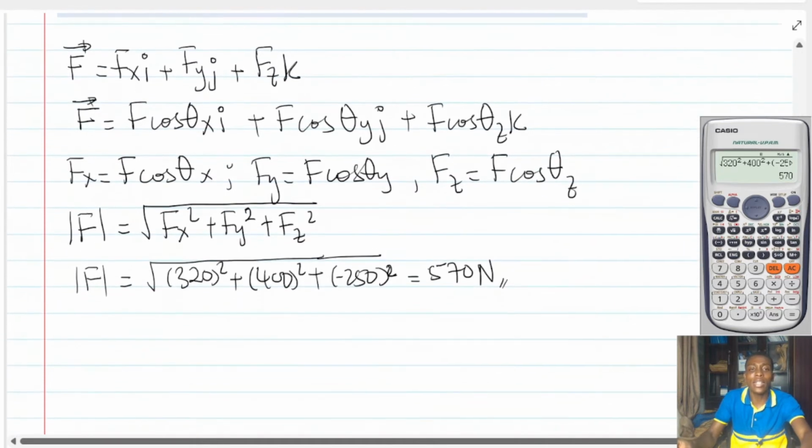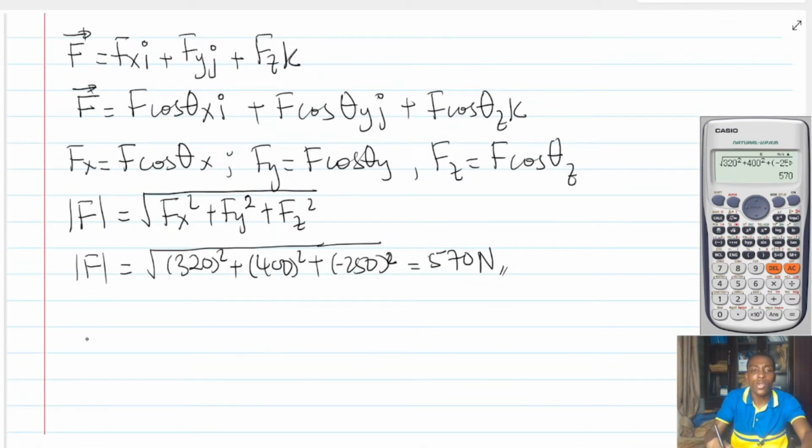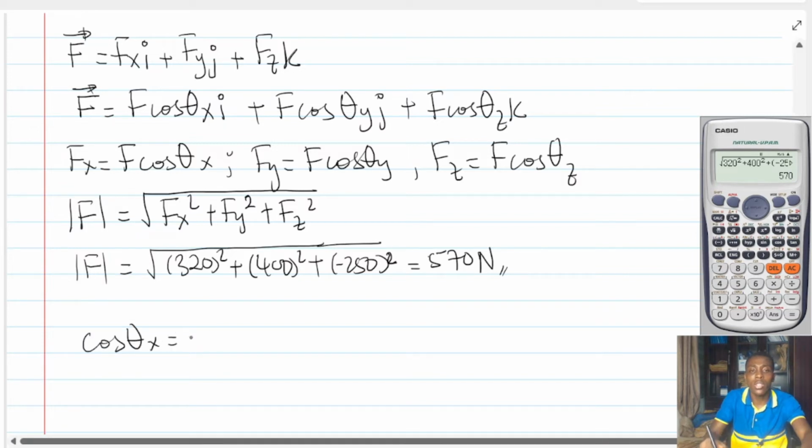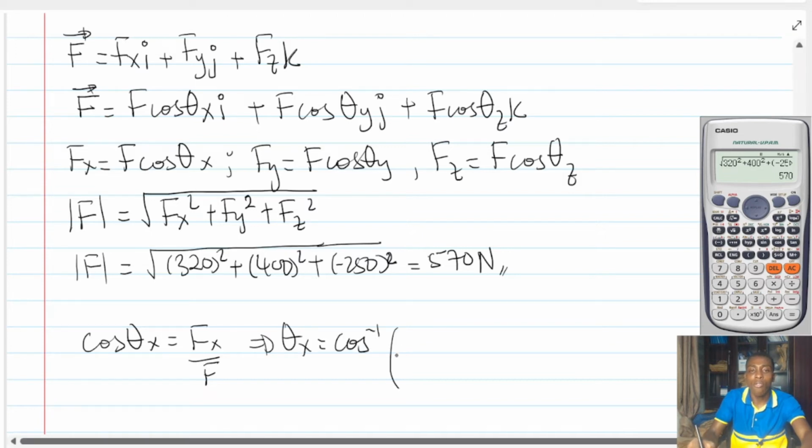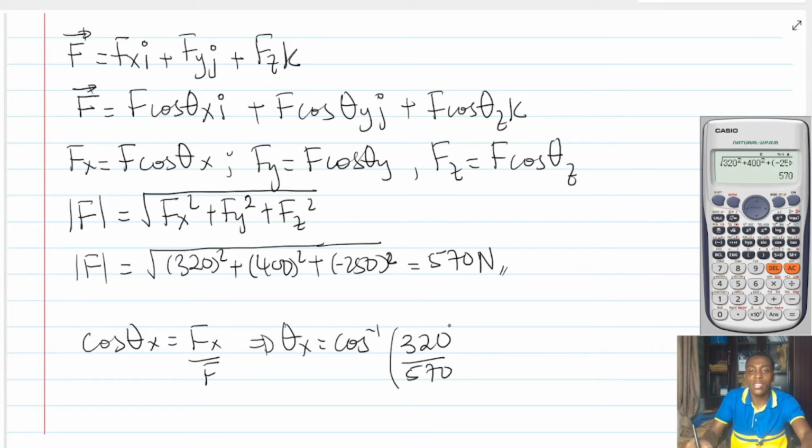Now, if I want the angles, in terms of the x direction, I have cos theta x equal to Fx divided by F from this relationship, so theta x is going to be cosine inverse of Fx, which is 320 divided by 570.